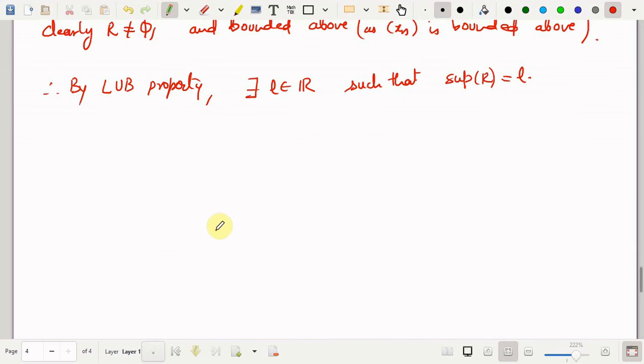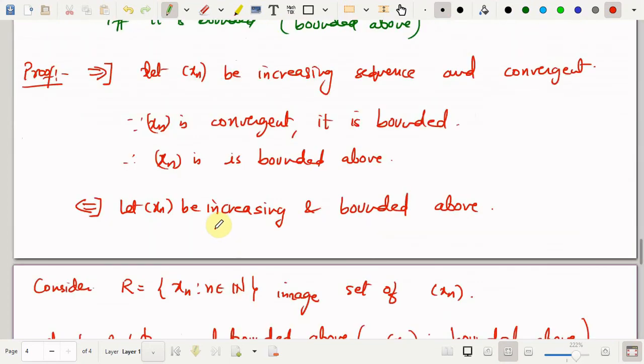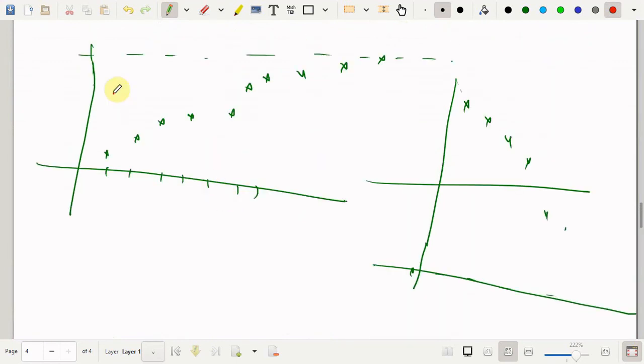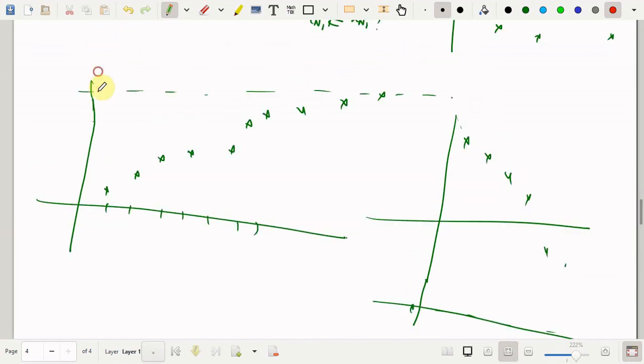Now see, from what we have seen above in the diagram, as I mentioned, it should get accumulated at a certain point, and that point is nothing but the least upper bound, because if it's getting accumulated at this point, then definitely the points which lie above that form upper bounds.